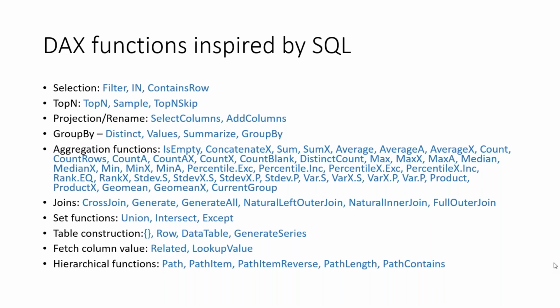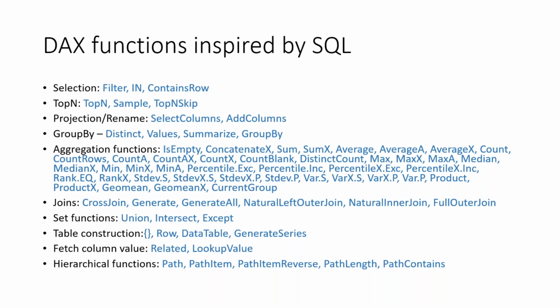And we have a bunch of DAX syntax and functions for you to create new tables on the fly. We call them table constructors, and you can fetch column values, so you can jump to another table to fetch some values based on some criteria. And then we have some hierarchical functions. I put them here because they are primarily used to create new columns in a table to support hierarchical relationships, sometimes called parent-child hierarchies.